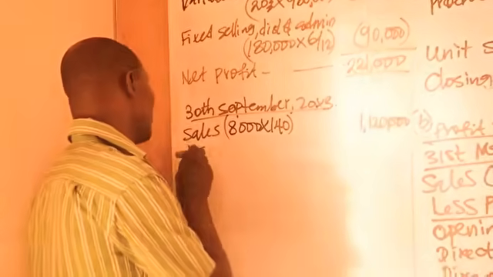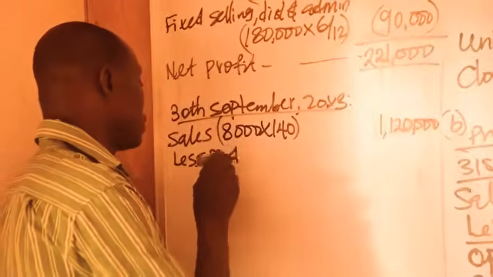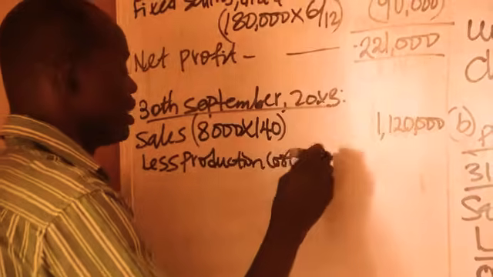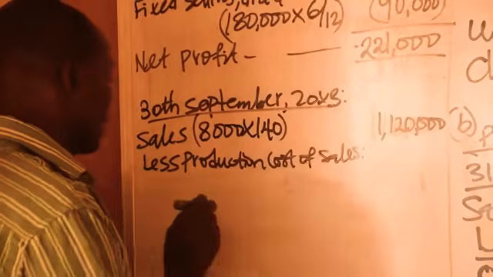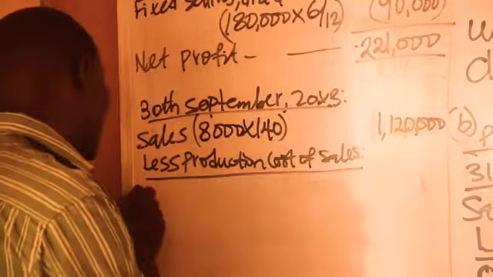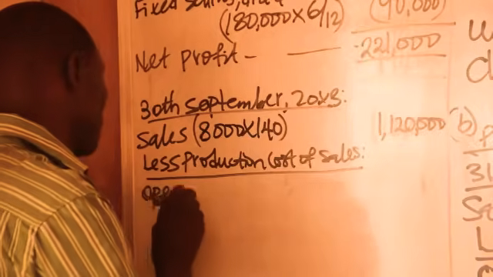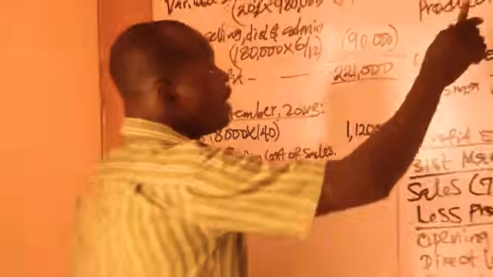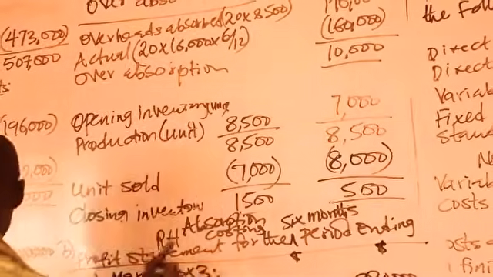So you less production costs of sales. You start with your opening inventory. The opening inventory for this period is 1,500 units.